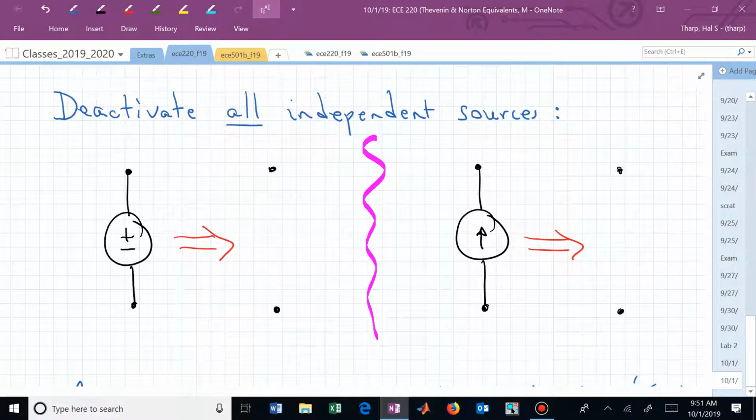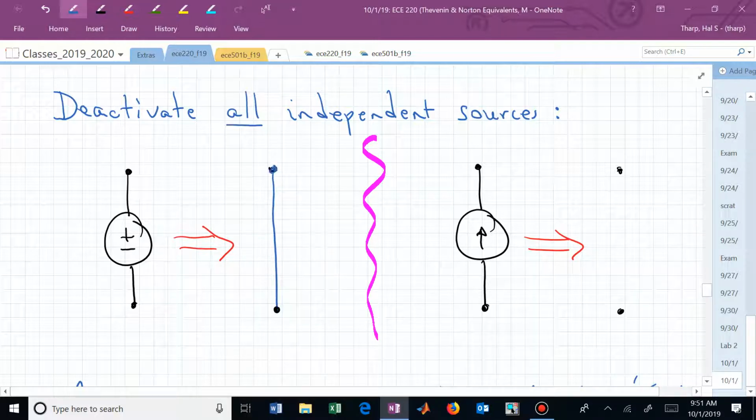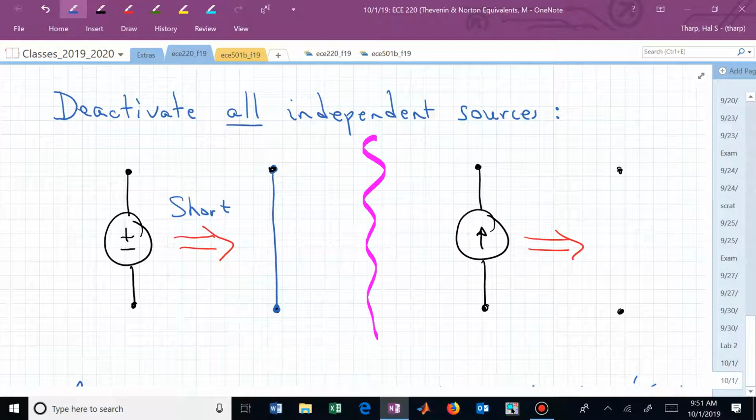What does the red arrow imply? What do I do between those two terminals if I had voltage sources? I just short those terminals. If I now had a current source, so this is now everywhere that I had an independent source, you don't mess with the dependent sources. You leave those in place.